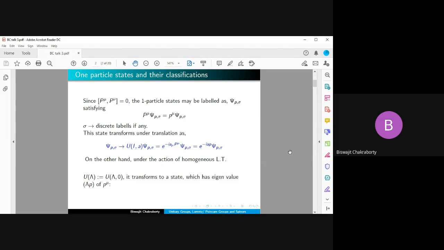That's why I denote U(lambda, 0) simply by U(lambda), the homogeneous Lorentz transformation. You expect it to act on these one particle states to produce an eigenstate with eigenvalue lambda p mu. So let us show it in the next slide, please.